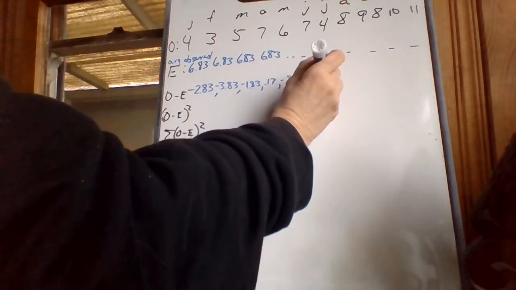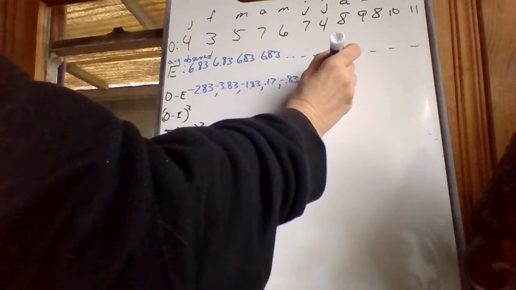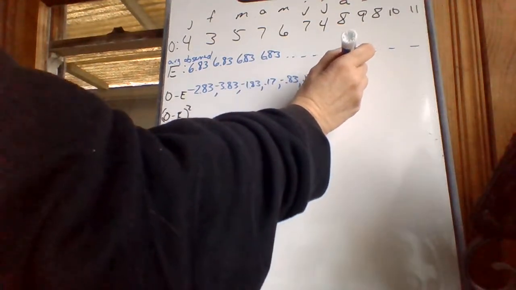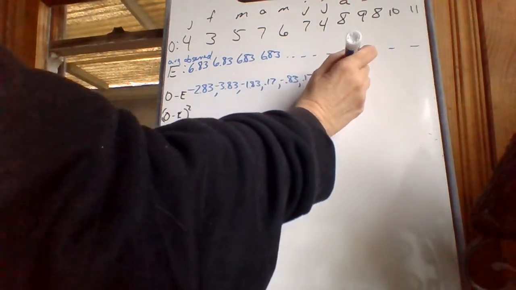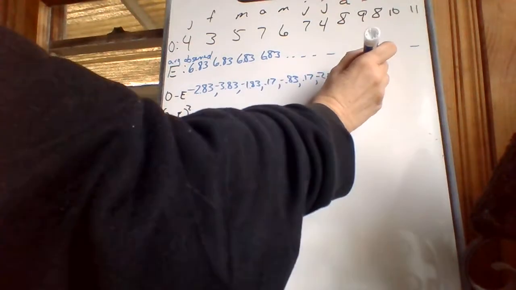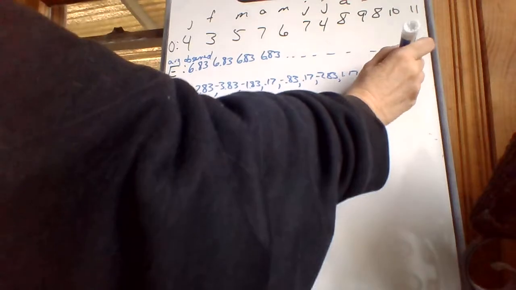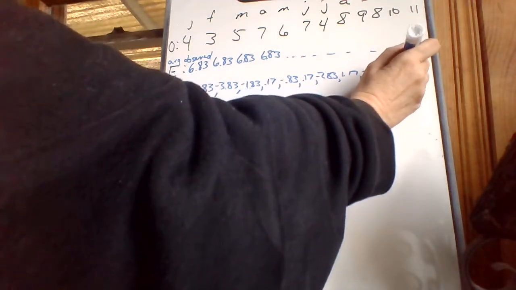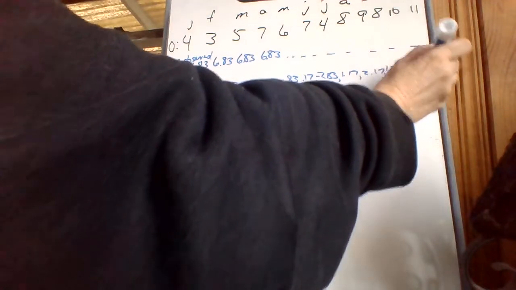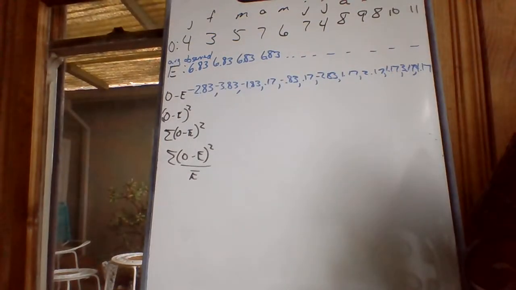Then 0.17, negative 2.83, and then 8 minus 6.83, 1.17, 2.17, 1.17, 3.17, 4.17. That's my observed minus expected.